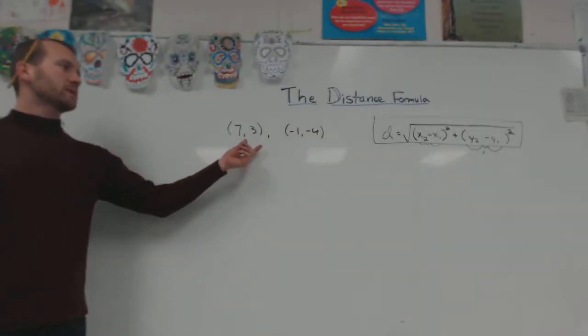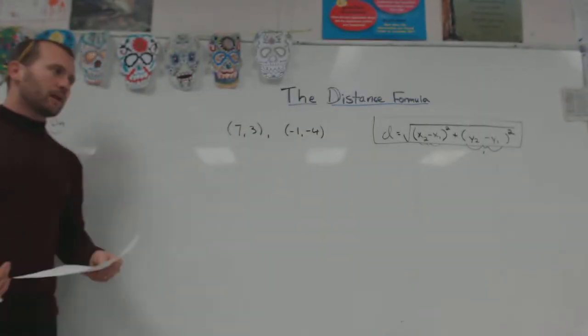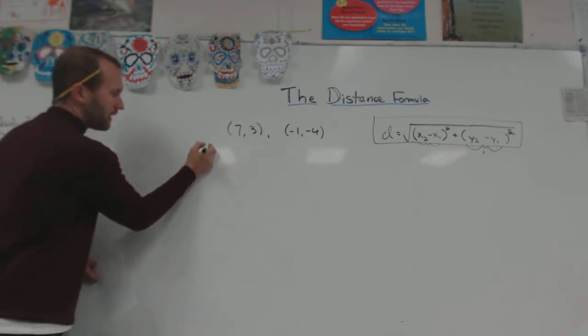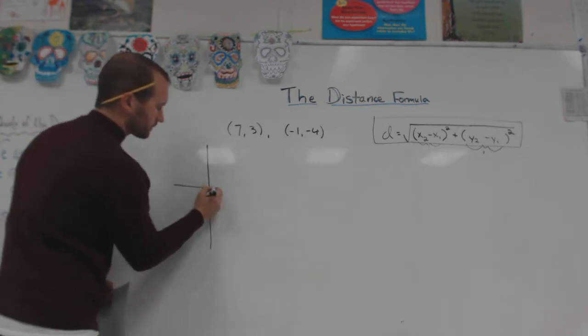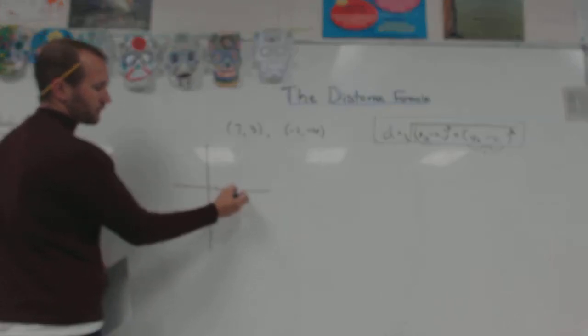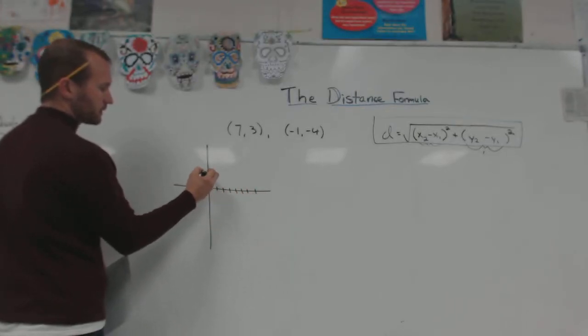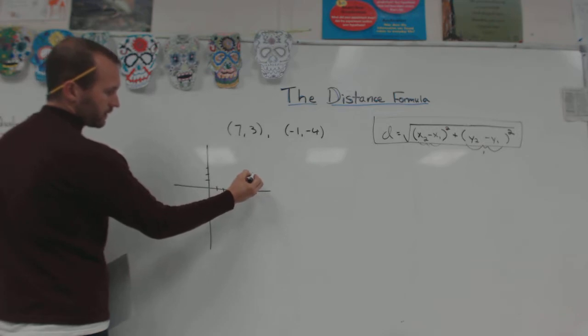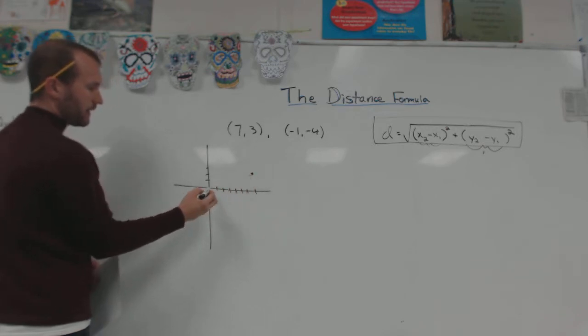Let's say I gave you these 2 points and I said, what's the distance between? You don't have to draw a graph, but you can. So 7, 3 is 1, 2, 3, 4, 5, 6, 7, 1, 2, 3, right about there. Negative 1, negative 4.